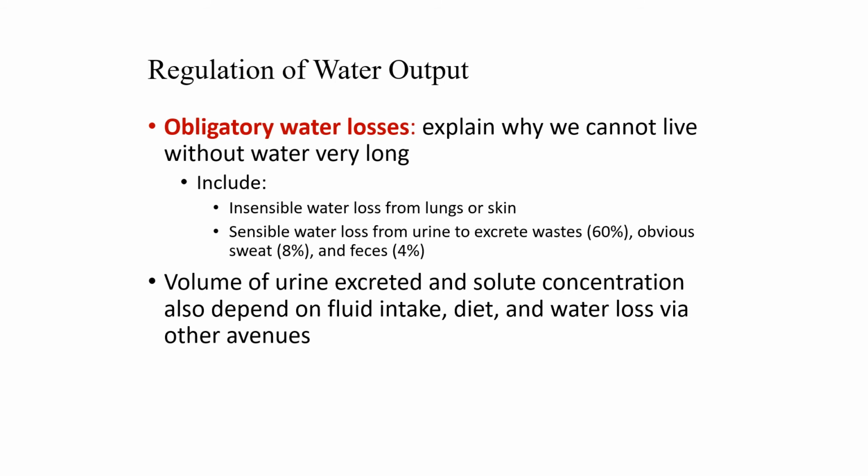So how much you pee depends on how much fluid you take in, your diet, and water loss via other avenues. So you know as well as I do that if you take in too much ethanol, you're going to pee and pee and pee.